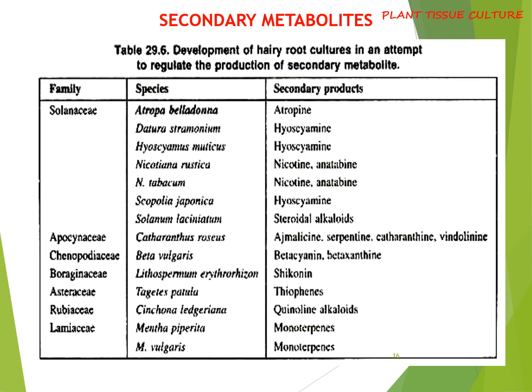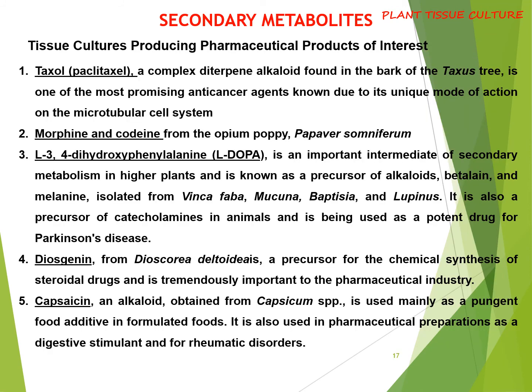This is a list of certain bioactive secondary metabolites developed by hairy root cultures. These are certain pharmaceutical products of interest that have been produced successfully by tissue culture. Example, Taxol, which is a promising anti-cancer agent.